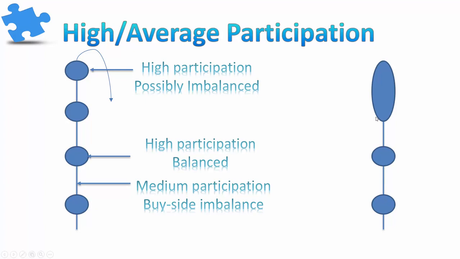Again, there's a lot of focus on areas on the footprint charts where there's a lot of volume. So the previous example where we saw large traders trapped would be a very short-term, high participation area. But why is there that focus on areas of high participation? Well, partly it's because it's easier to read, and partly because it gives us a more precise entry point.